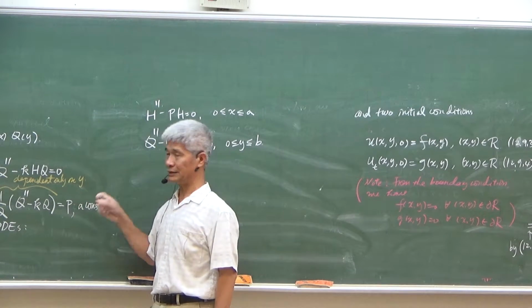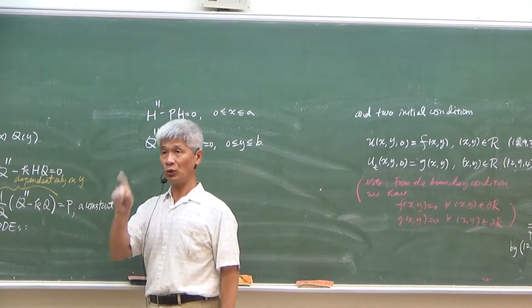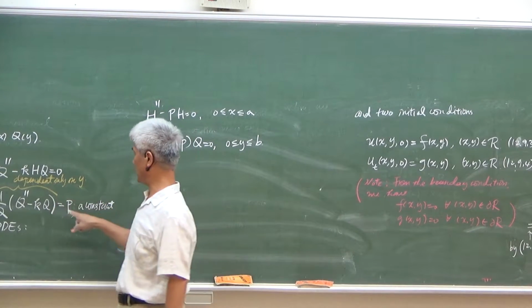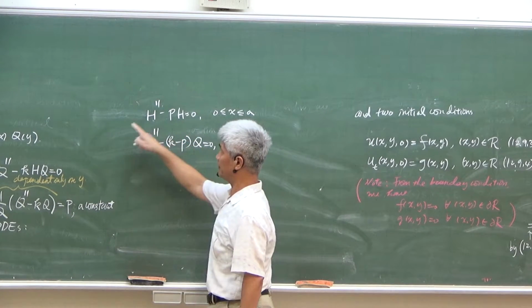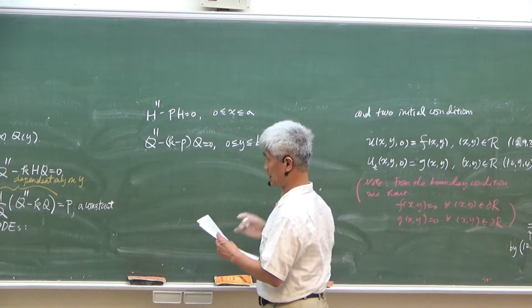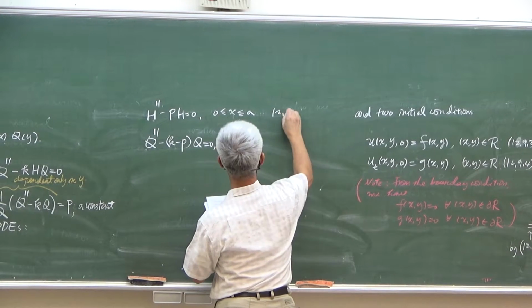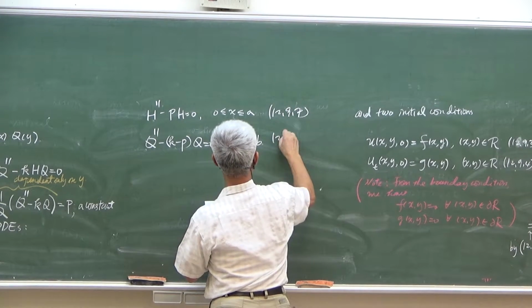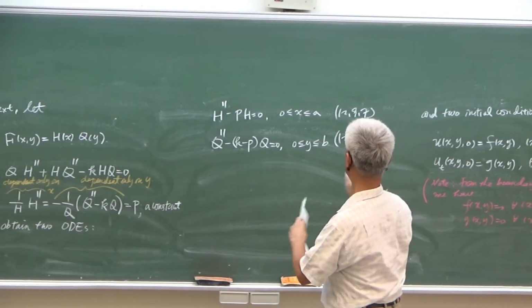This constant does not depend on either x or y. So h is a function of x, q is a function of y, so that's why we have this. And these are 12.9.7 and 12.9.8.